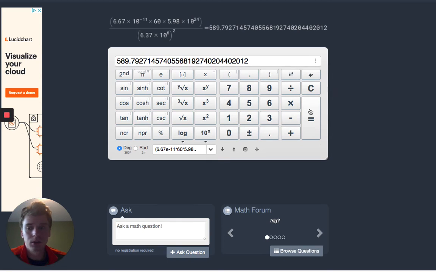589.7, right? So that is the force of gravity between the 60 kilogram person and the Earth. Now some of you are probably thinking that there might have been a really much easier way to do this, right? I got 589, or 590 if you round up, and that seems like a lot of work. But let's go back.